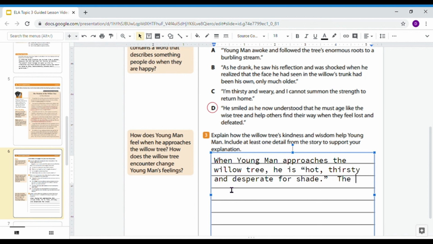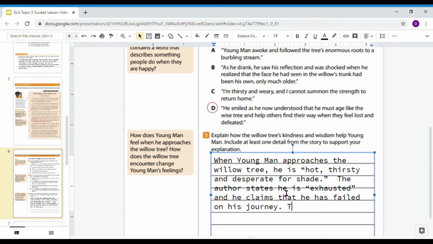The author states he is exhausted, and he claims that he has failed on his journey. So that answers our first question. How does Young Man feel when he approaches the willow tree? Well, he was pretty hot, thirsty, desperate for shade, exhausted, etc., etc., etc.